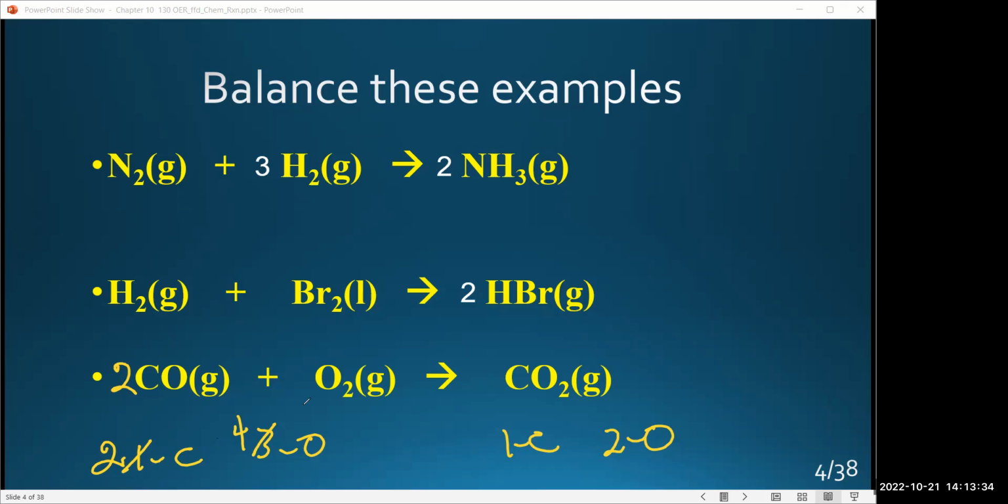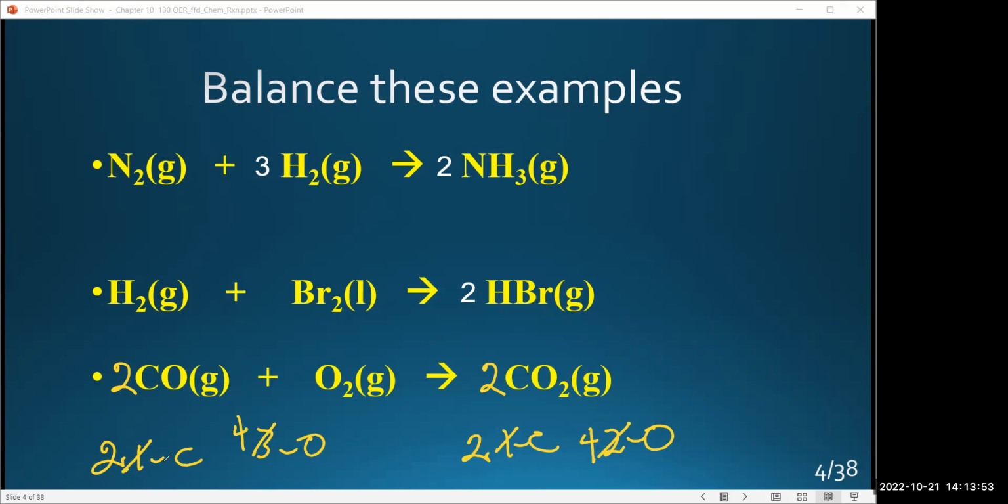And so now, if I put a 2 in front of carbon dioxide here, that kicks up my carbons, right? At the same time, that also kicks up my oxygens to 4. And so does it look like we're balanced here? Sure does, doesn't it?